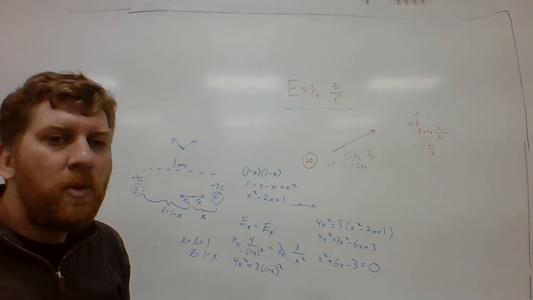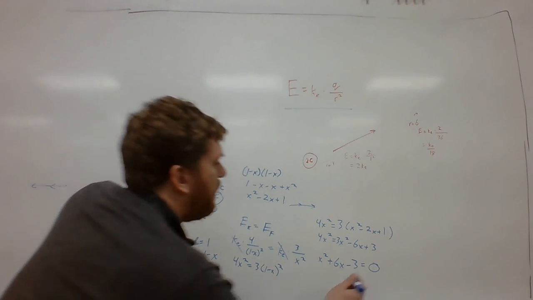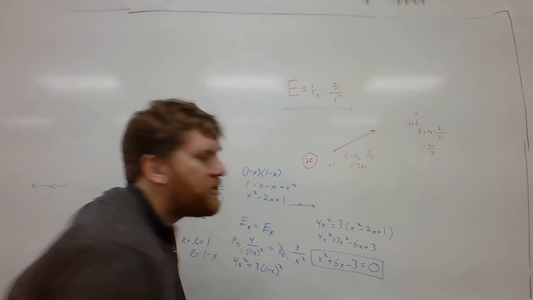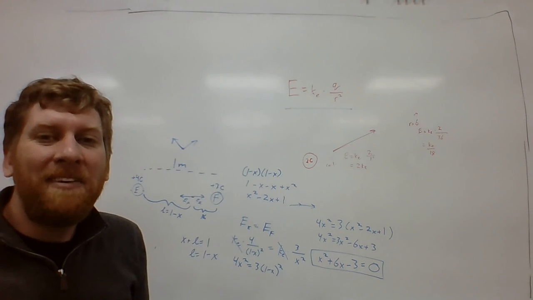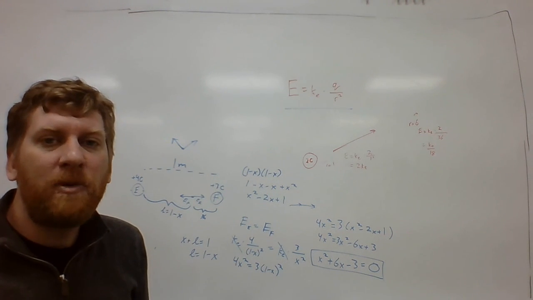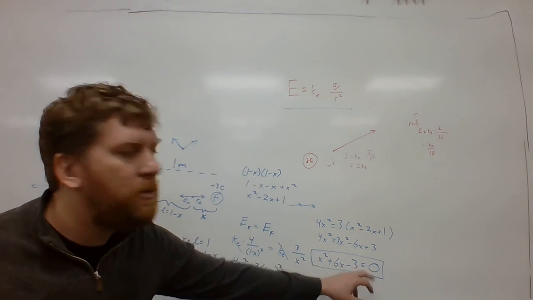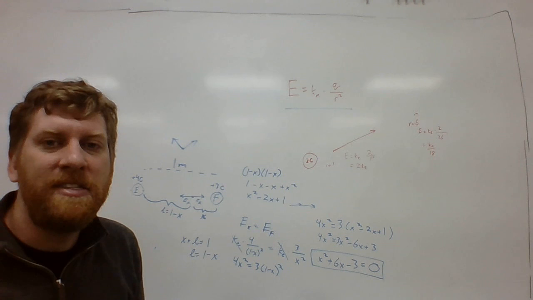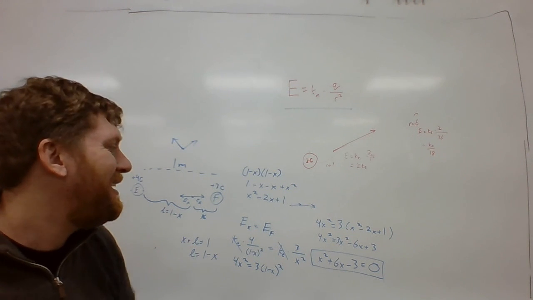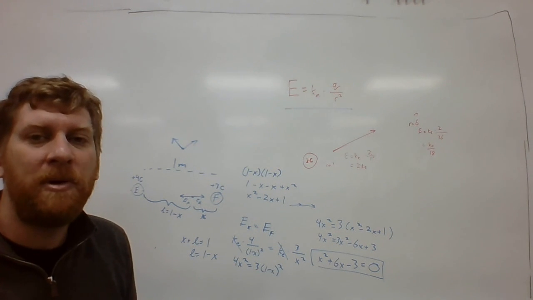So now we have some quadratic equation. It's not a perfect square, so I can't solve for it in my head. I'd have to find some quadratic equation solver, use my calculator. You could even plot this equal to y and find out where it crosses 0. And that's the correct value of x that we're looking for.